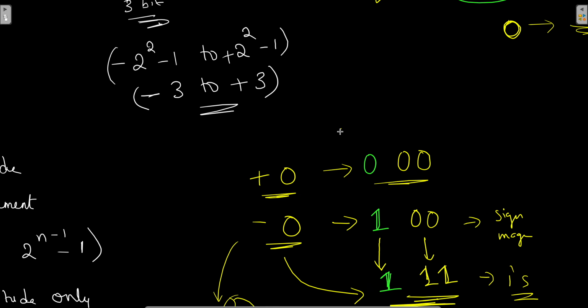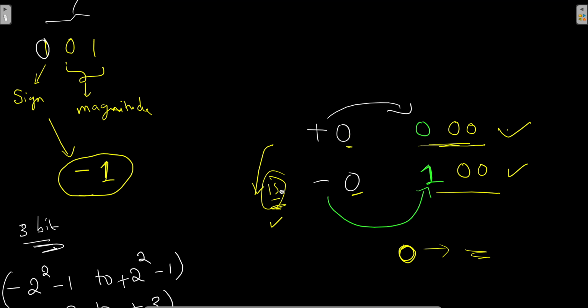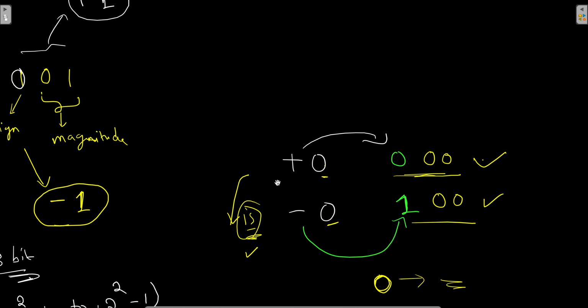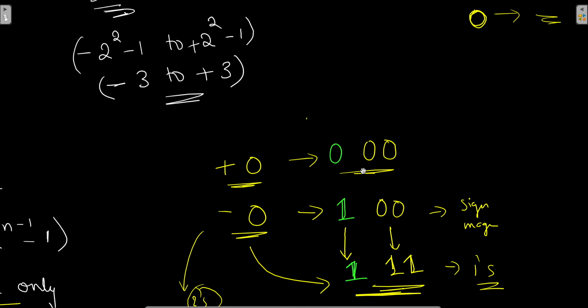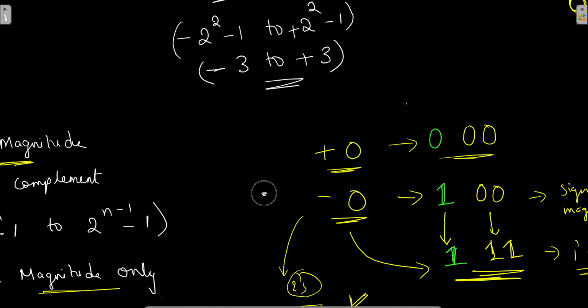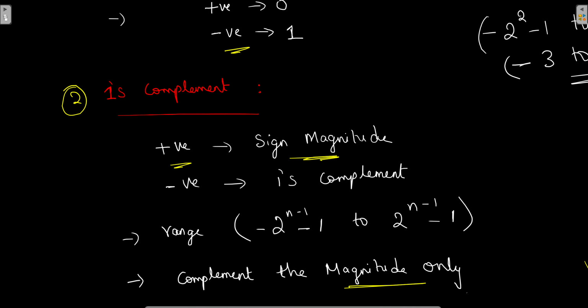In sign magnitude, for plus 0 we get 3 zeros, and here also for plus 0 we get 3 zeros. That's why for any positive value, if we want to do ones complement, whatever the sign magnitude value is, that value we will get.